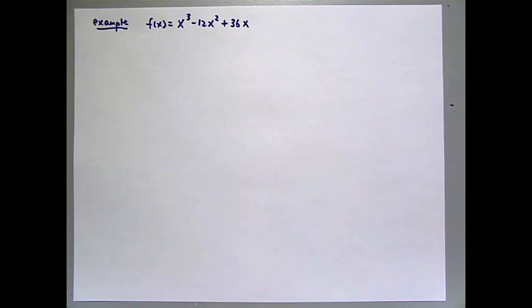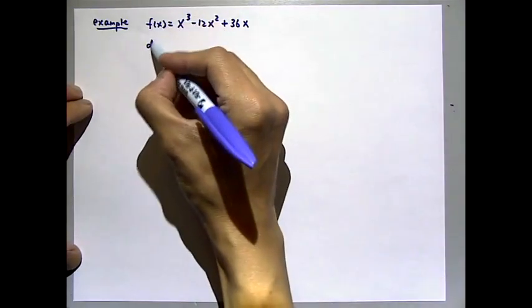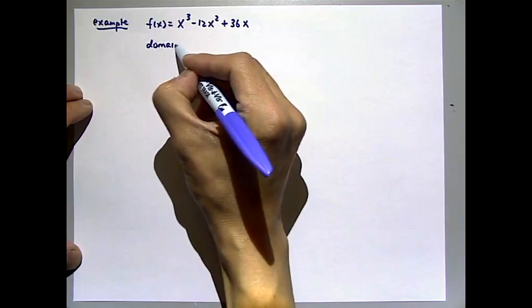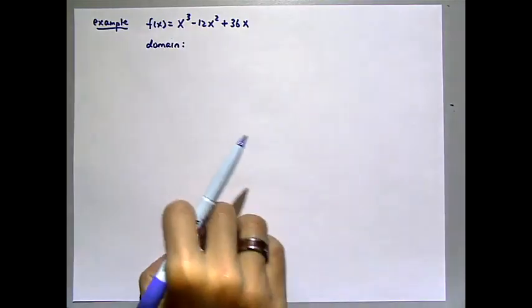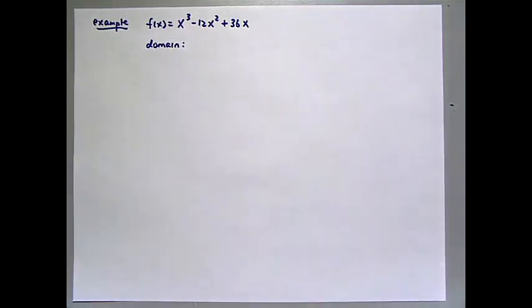Okay, let's look at the domain. Starting with the domain, the first step that we are suggested to follow. Strictly speaking, not all of those steps are necessary, but they help. All right, let's start with domain. For this one, it's pretty simple. We know this is a polynomial. A polynomial has a domain that's all real numbers.